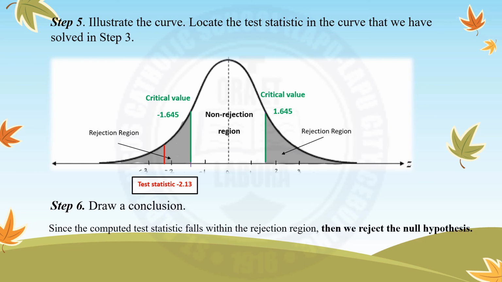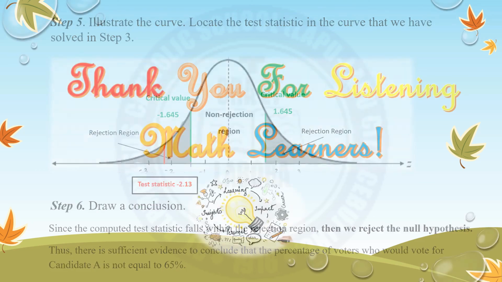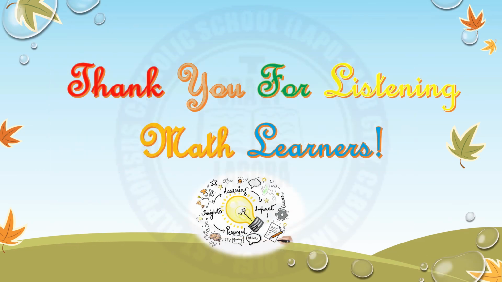Since the computed test statistic falls within the rejection region, then we reject the null hypothesis. Thus, there is sufficient evidence to conclude that the percentage of voters who would vote for candidate A is not equal to 65%.